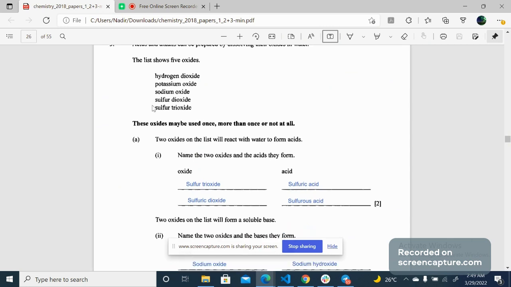Sulfur dioxide, if it reacts with water, forms sulfurous acid. And the very last one is sulfur trioxide. This sulfur trioxide, when it reacts with water, forms sulfuric acid.